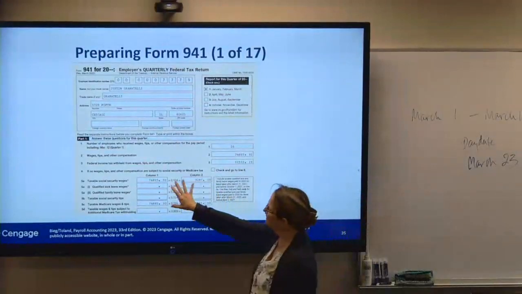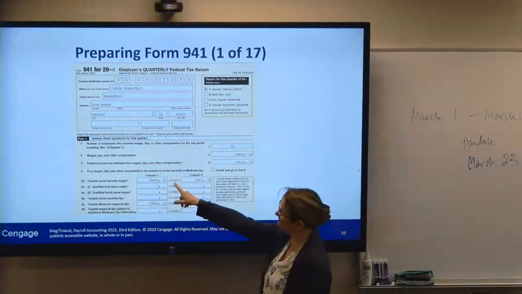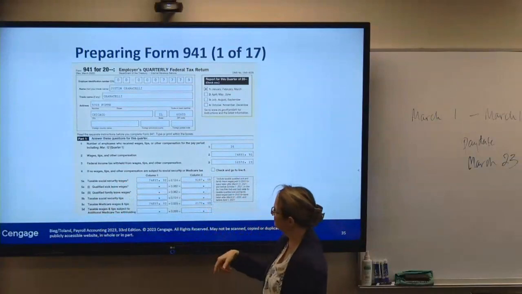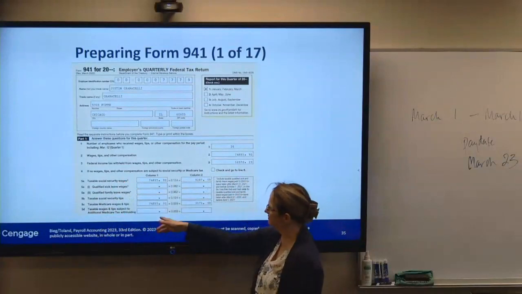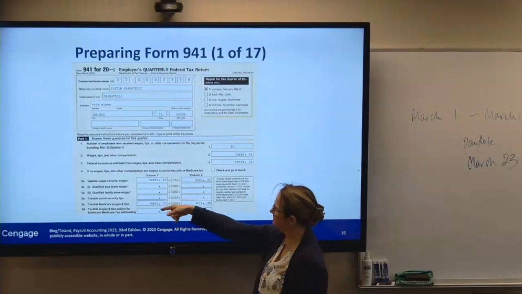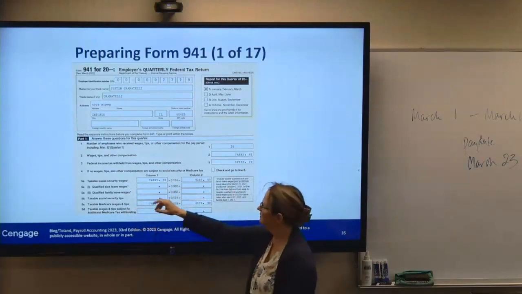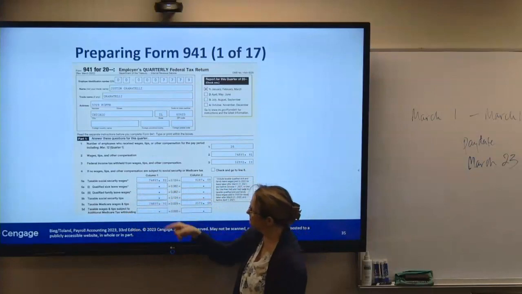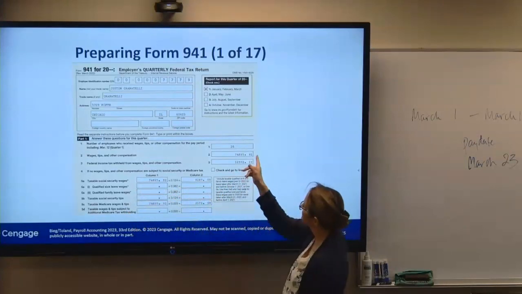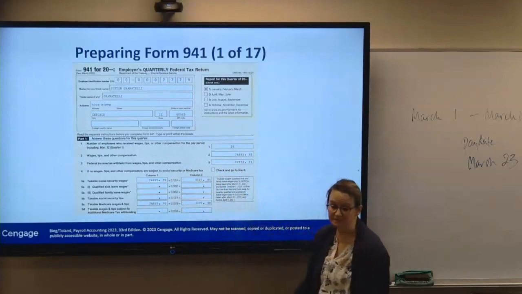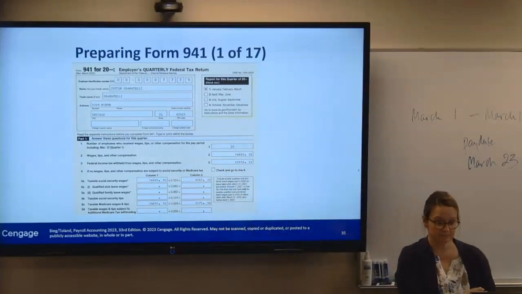All right, so down here, line 5, and you can see there are several parts to line 5. We've got 2 columns. The first column are the wages that are subject to each of these types of taxes. First line, taxable Social Security wages. Now in this case, this happens to be the same, but there are going to be instances where they're not the same.